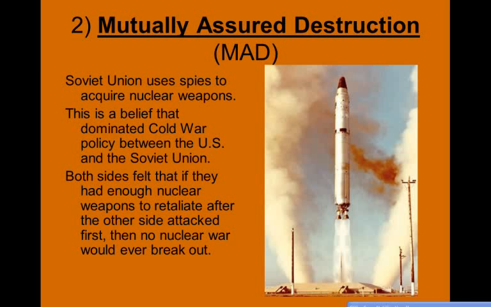And in fact, by the late 1940s and early 1950s, both the United States and the Soviet Union are building lots and lots of nuclear weapons. They're having what we would call an arms race to see who can build the most. And both sides are trying as much as possible to acquire nuclear weapons.